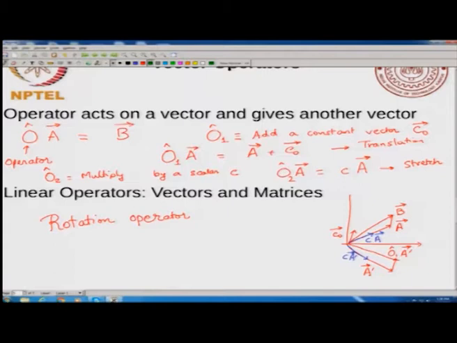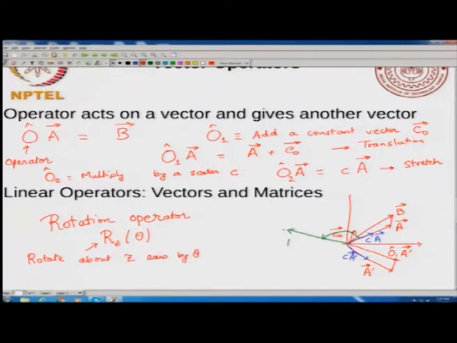It takes A and rotates by some angle theta. So let us call this R, rotate around the z axis by theta.